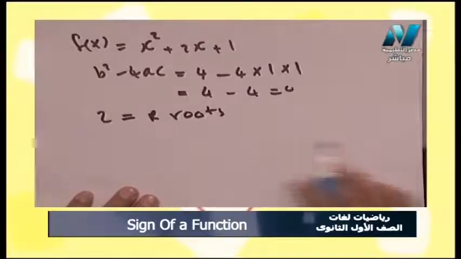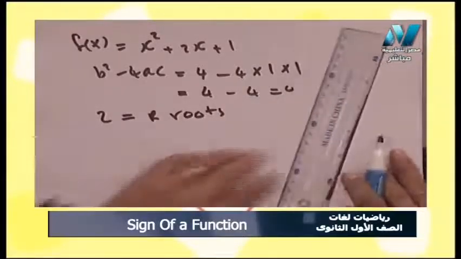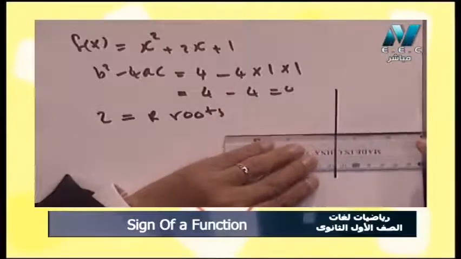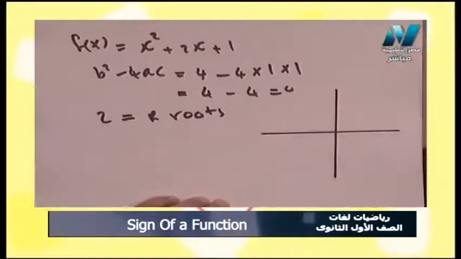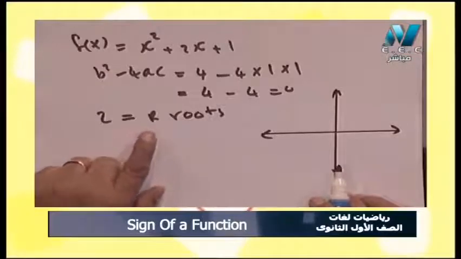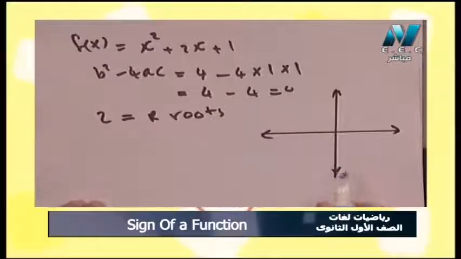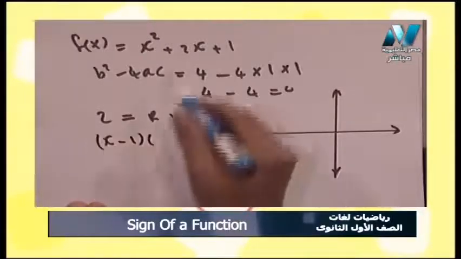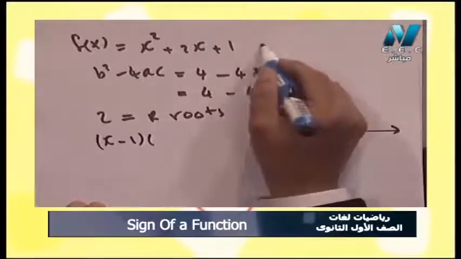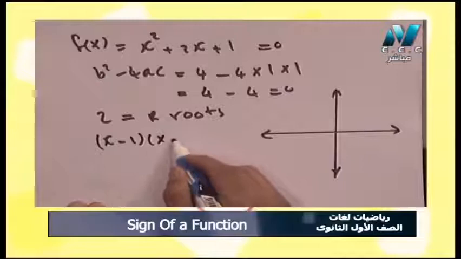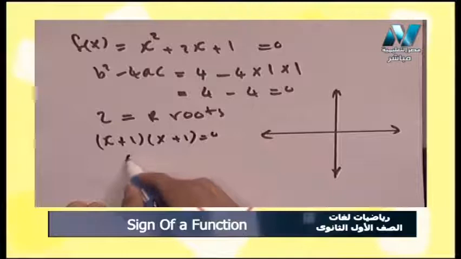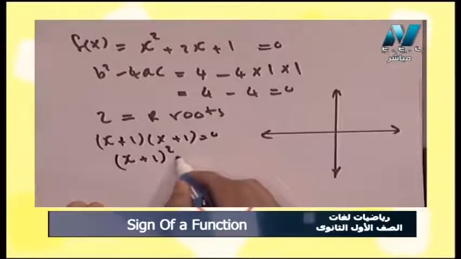And if we have here the drawing or the graph, we will find that the two roots will be equal, because if we factorize this function when it equals 0, it will be x plus 1 and x plus 1 equals 0, or x plus 1 power 2 equals 0.